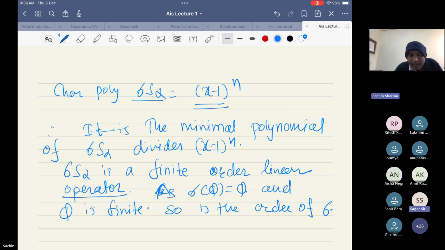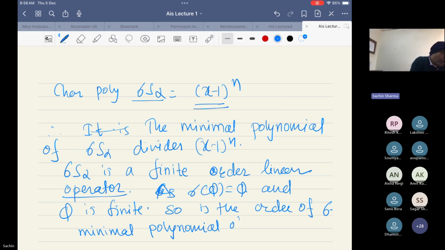Then we'll have that sigma S alpha to the power of whatever the order is, is identity. And so the minimal polynomial would have to divide something like x to the power k minus 1. Very good. So the minimal polynomial of sigma S alpha divides x raised to k minus 1, and it also divides x minus 1. So what should it be?